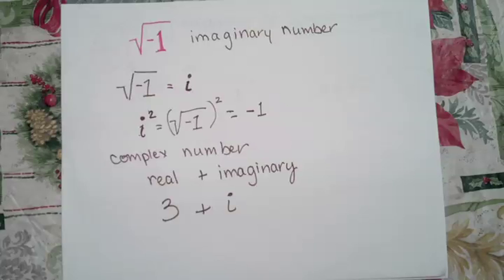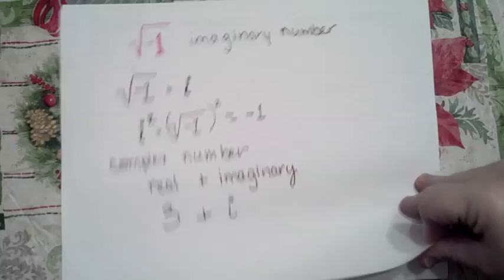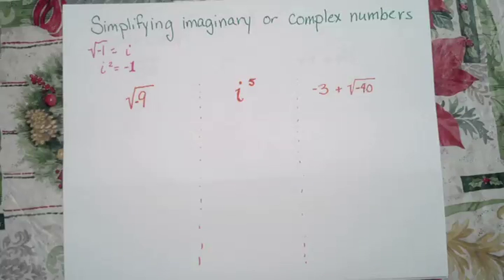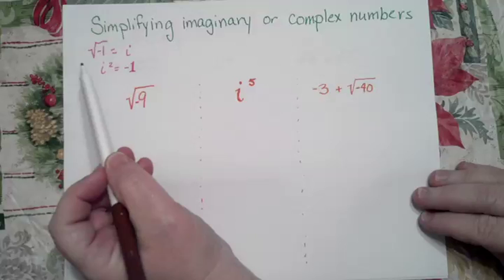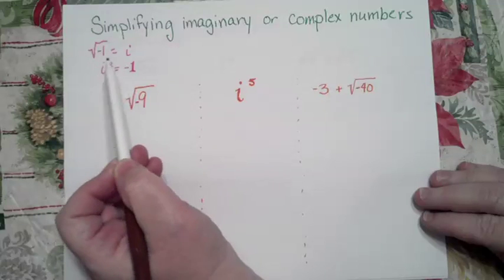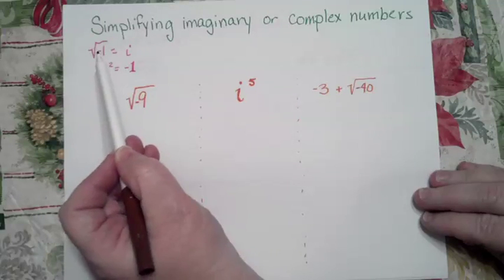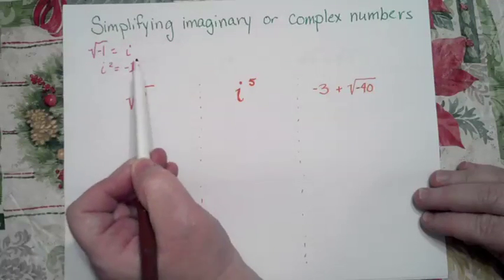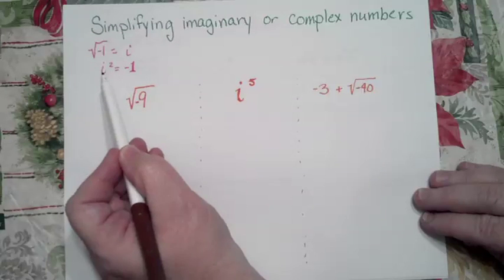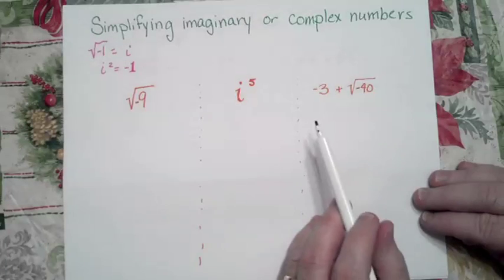Now that you know what an imaginary number is, let's look at how to simplify them. Okay, and while we have this, I want to always keep our little properties here, that the square root of -1 equals i, and that i squared equals -1.